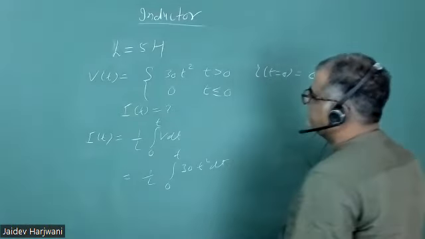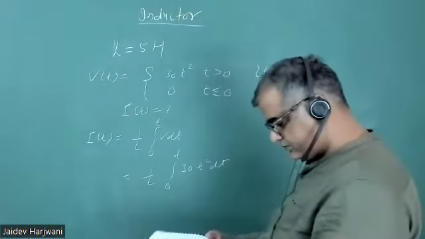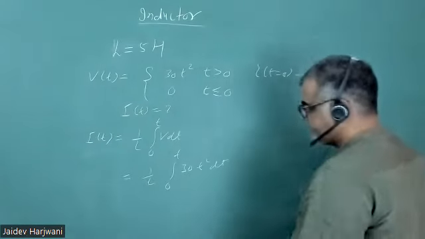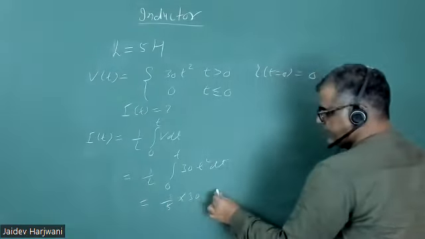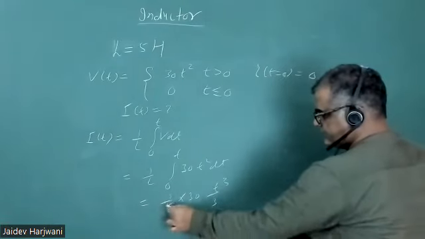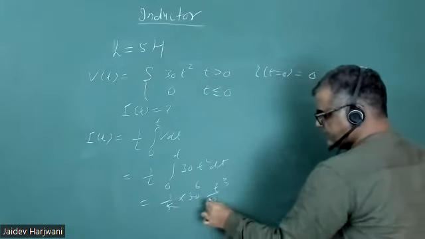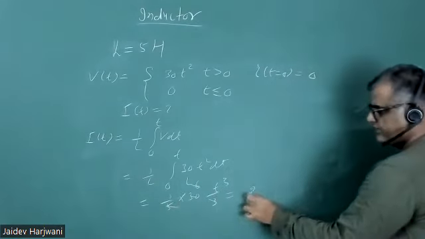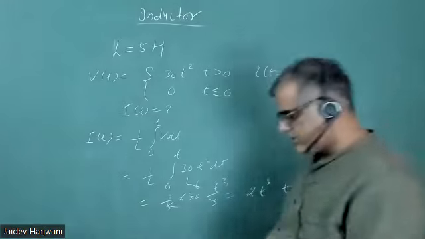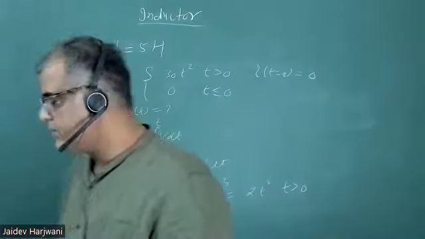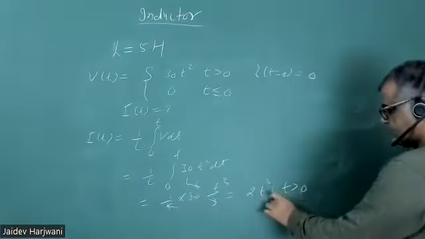Okay, calculate, how much will it come? 10t cube by L. 1 by 5, 30 t cube by 3. So 6. This is 2. So the current will be 2t cube ampere. The unit is ampere.